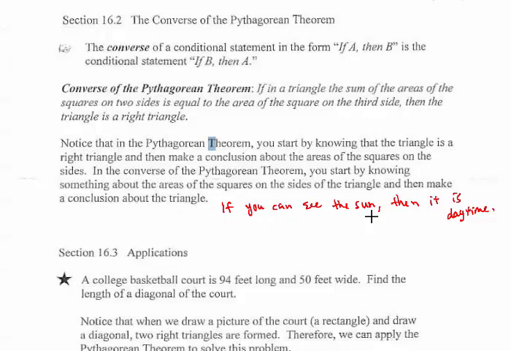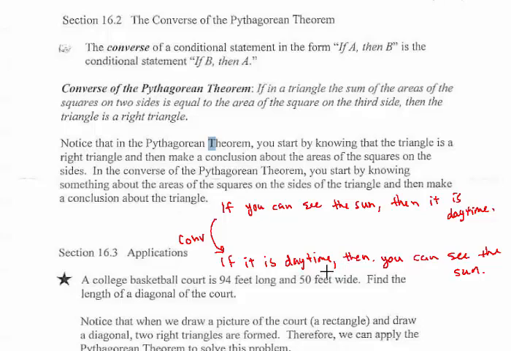Okay, so this is our original statement, and the converse would simply be: if it is daytime, then you can see the sun. Which isn't necessarily true.